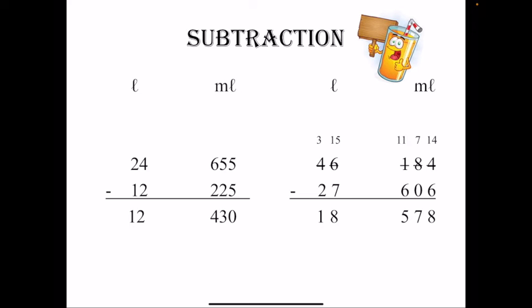So this 1 will again borrow from the neighbor column, which is 6. So 6 will give 1 to the milliliter third column, and itself it will become 5. You will cut 6 and write 5 in the line above it, and here you will get 11. Now 11 minus 6 you will get 5.